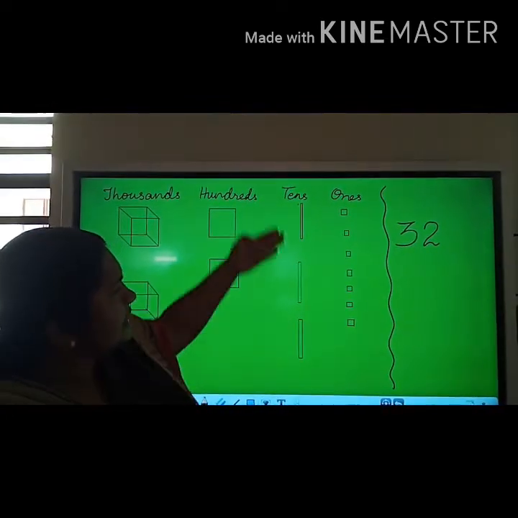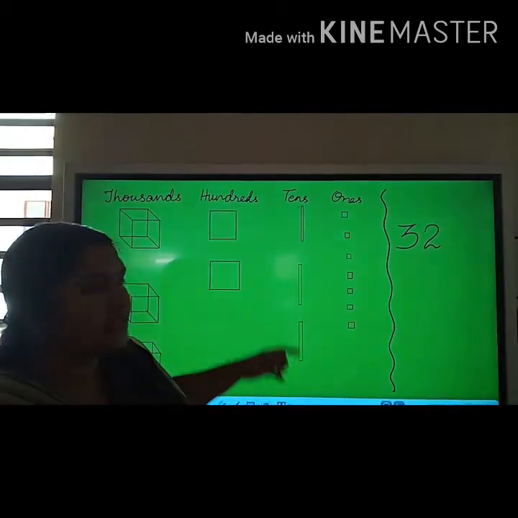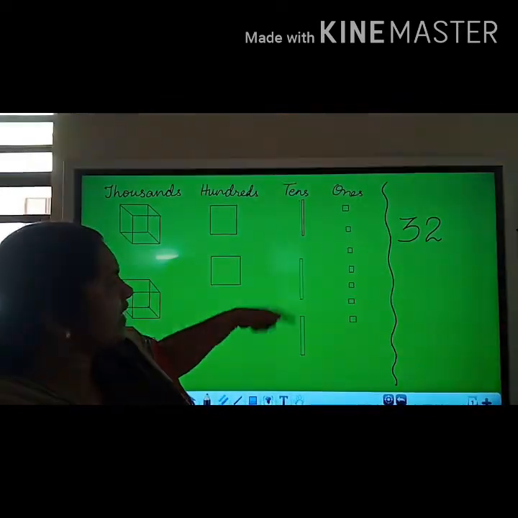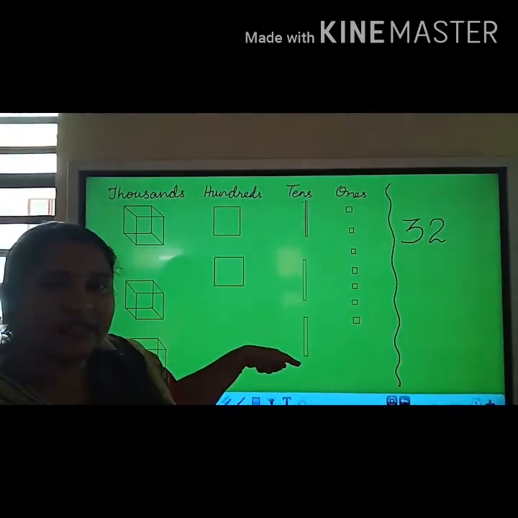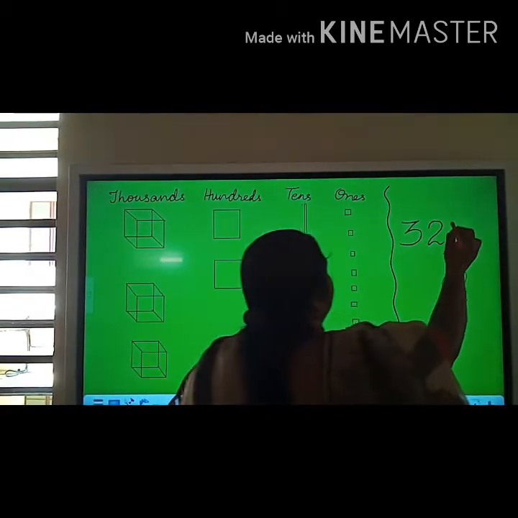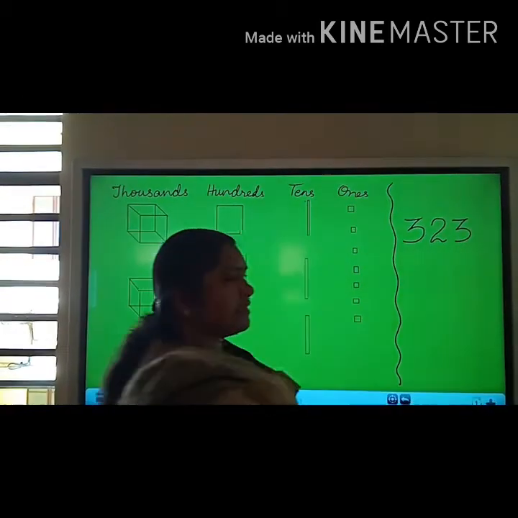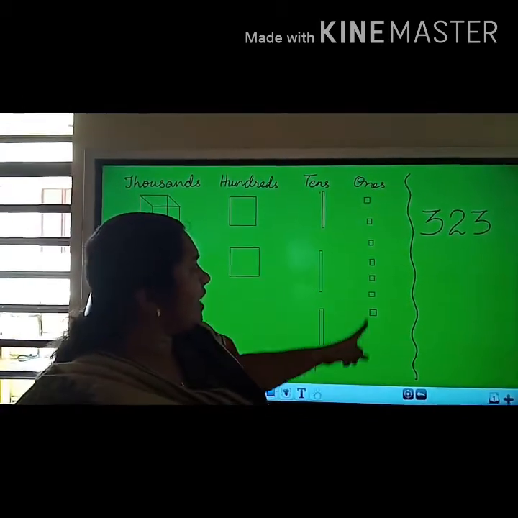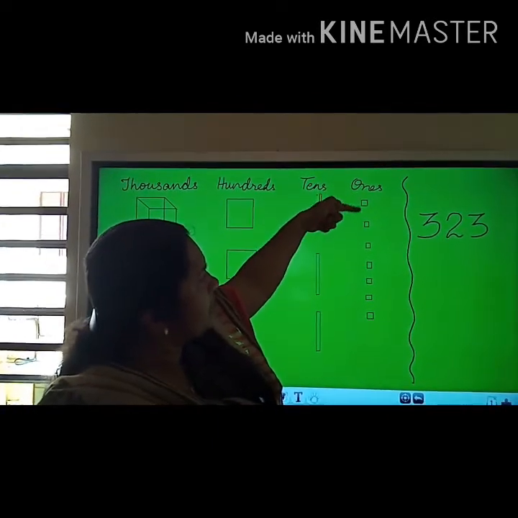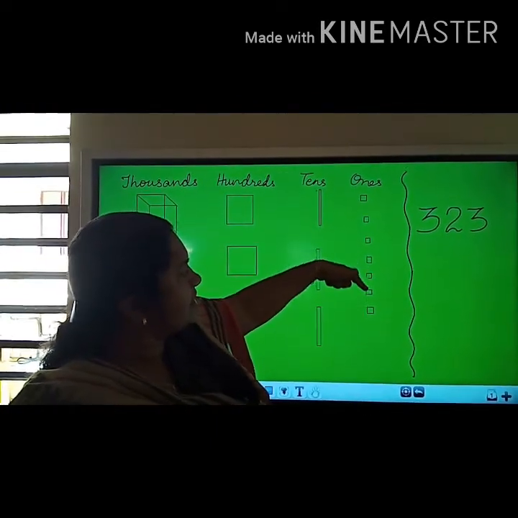Tens place. In the tens place, what do we have to write here? 1, 2, 3 strips are there, each of 10. So 3 again we will write. And in the ones place, how many squares do we have here? 1, 2, 3, 4, 5, 6, 7.